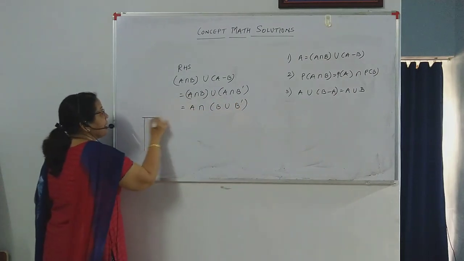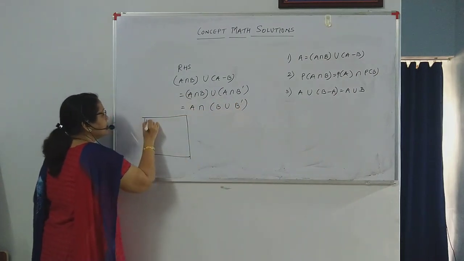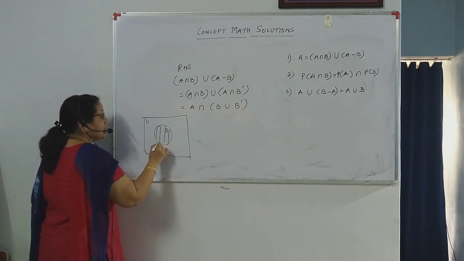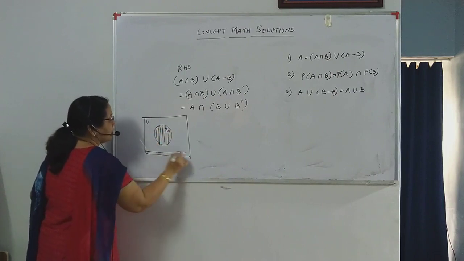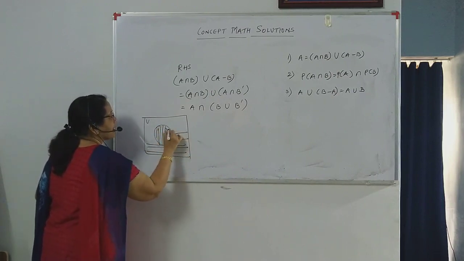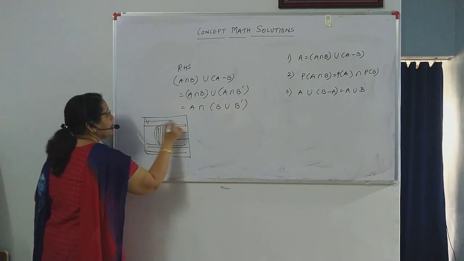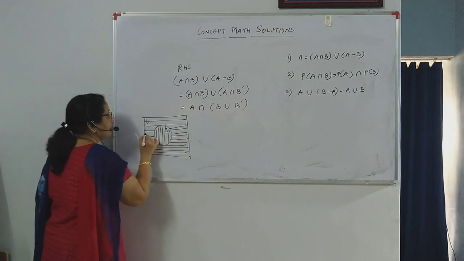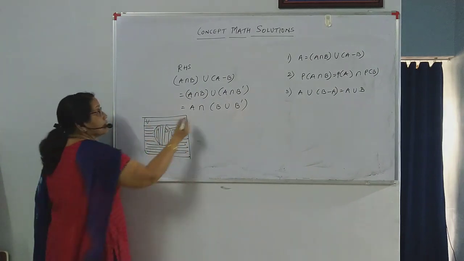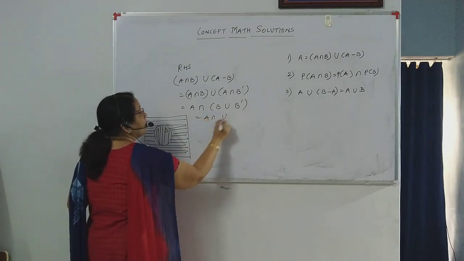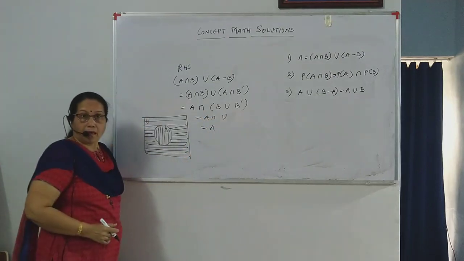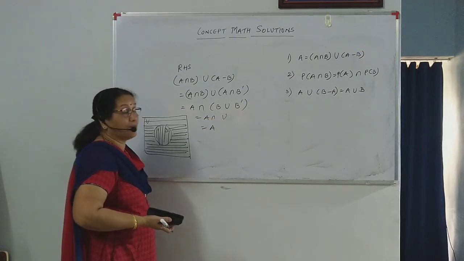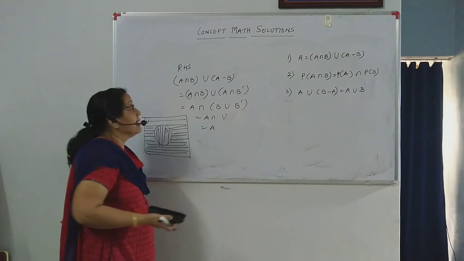Now B union B dash, Venn diagrams are the best tools to understand. This is B. Its union with B dash would be this. This is B dash, right? So B union B dash, that is union means everything, so that means it will be U. So A intersection U would be A. That is, we have proved the first part, which says A intersection B union A minus B is A.